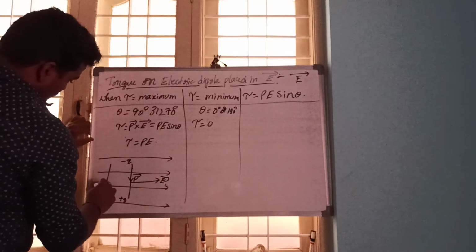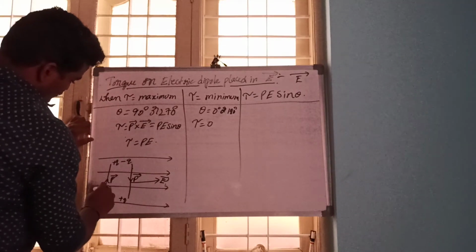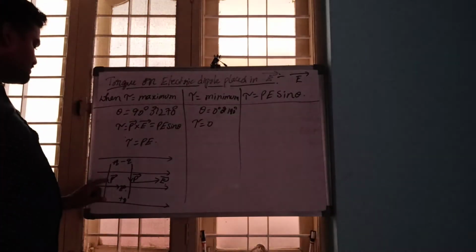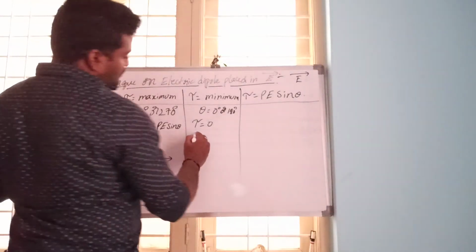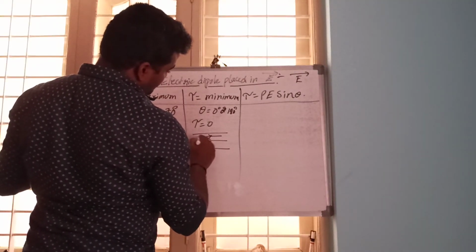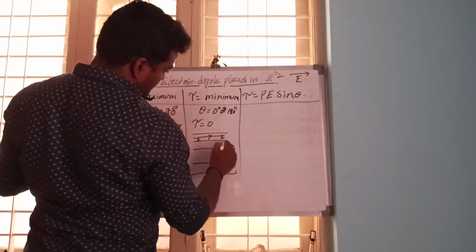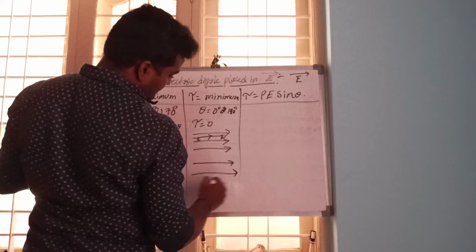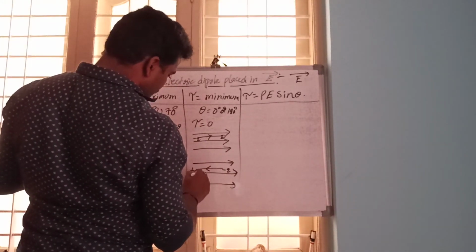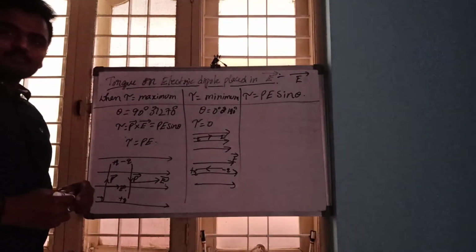So it will be 90 degrees. Here also, if you place it parallel, then the torque will be minimum. Clear this thing?